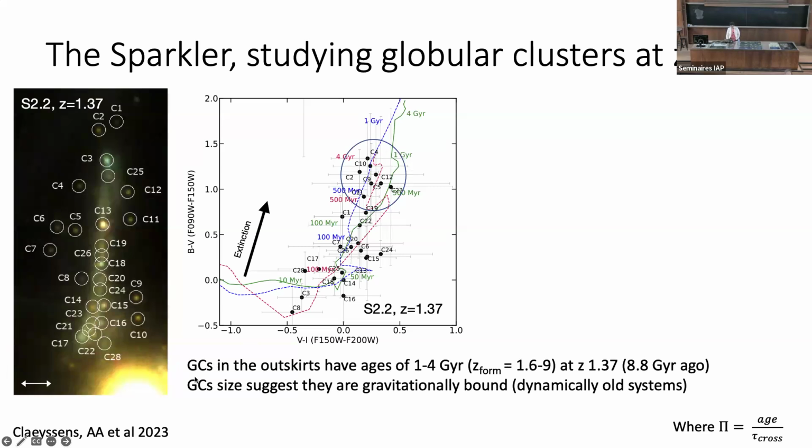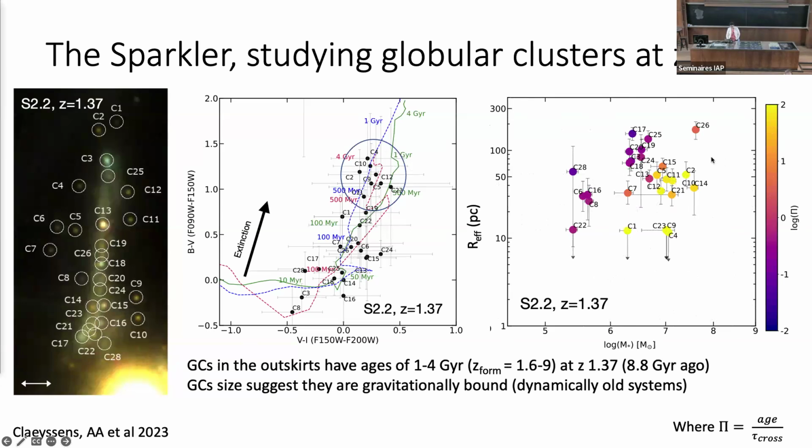One more thing, and then I will move on, is that these globular clusters, or proto-globular clusters, or objects surrounding the Sparkler, are gravitationally bound. We know that their ages are a lot longer than their crossing time. If the stars' ages are all younger than the crossing time, then it means it's expanding.